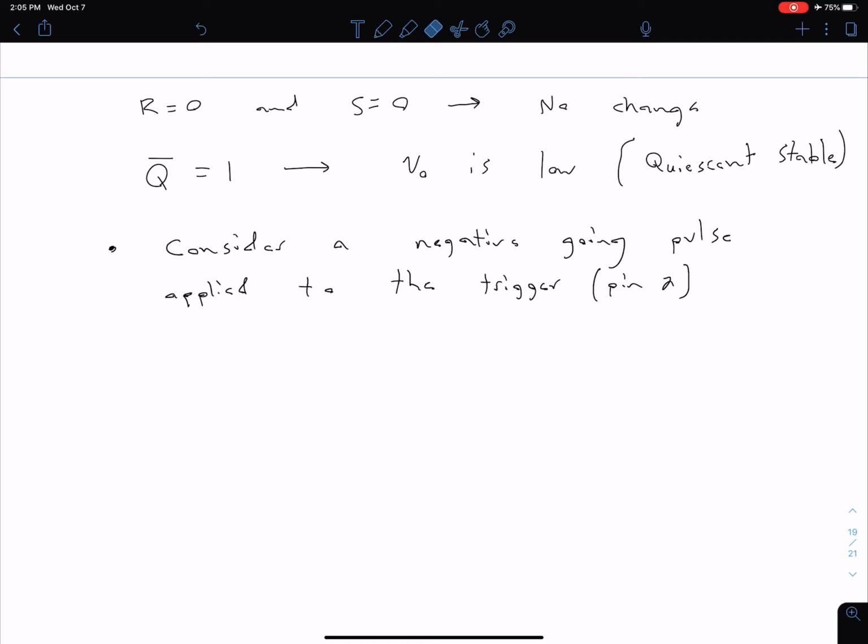Okay, so our key point to be watching is when that trigger value drops below 1/3 of VCC.